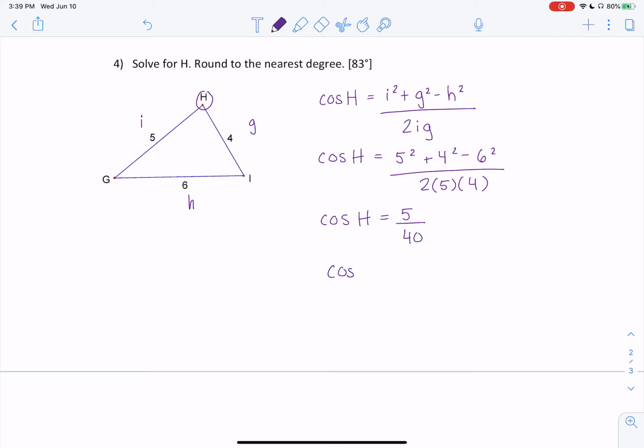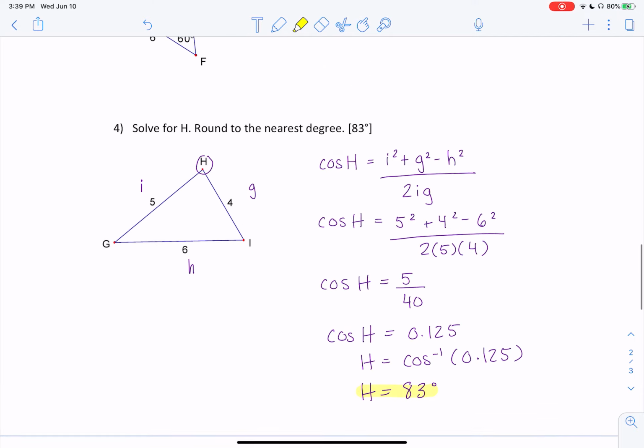So cosine of h is equal to 0.125. But that is the cosine of h, and I just want h, so I need to undo that cosine. So I will get second cos 0.125 is 83 degrees. And that's our final answer.